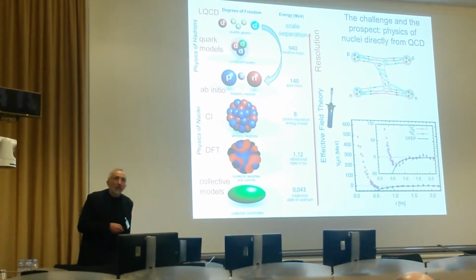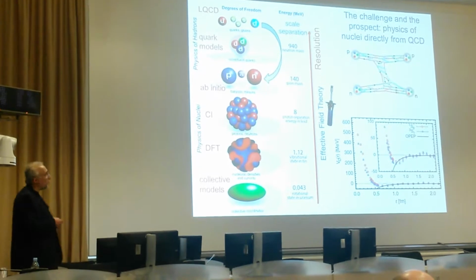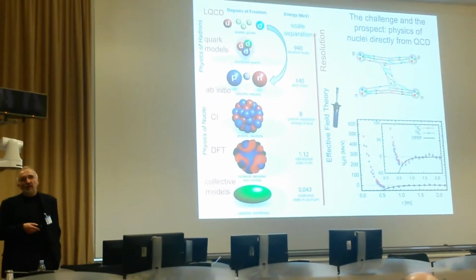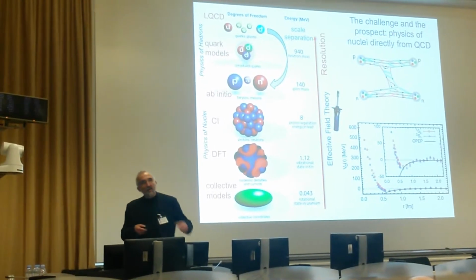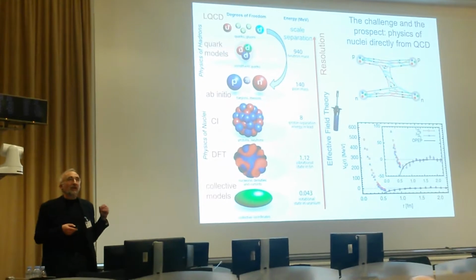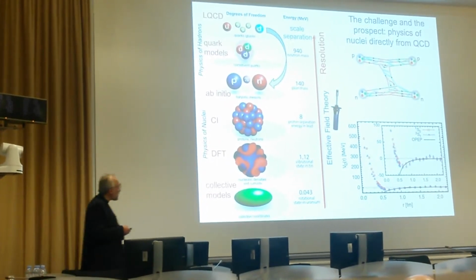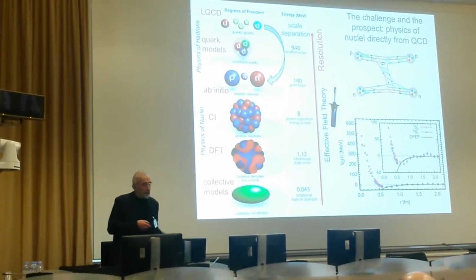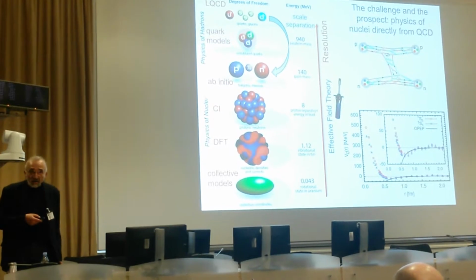And the tool which lets us go from one area to another is the effective field theory. So this is our favorite theoretical screwdriver, which eliminates the degrees of freedom which are not necessarily important at our energy scale.